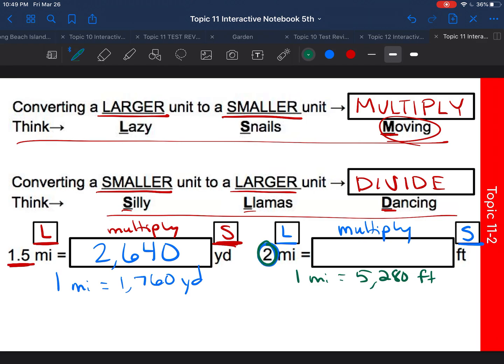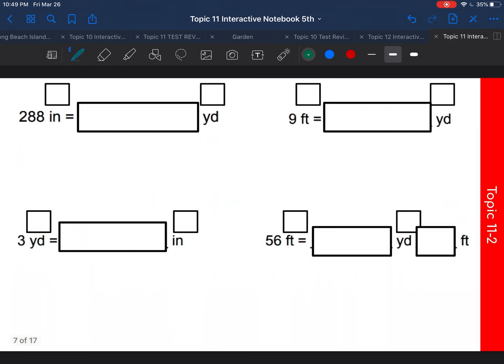So I'm going to multiply 2 times 5,280. So if I double 5,280, I get 10,560 feet. So 1 mile is 5,280 feet, so 2 miles is double that, which is 10,560 feet.